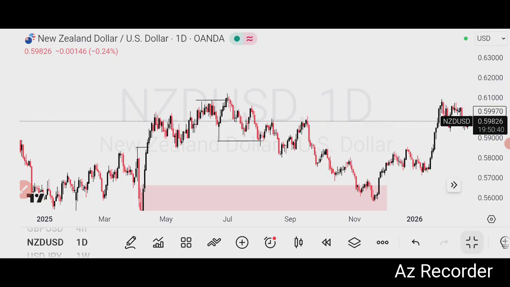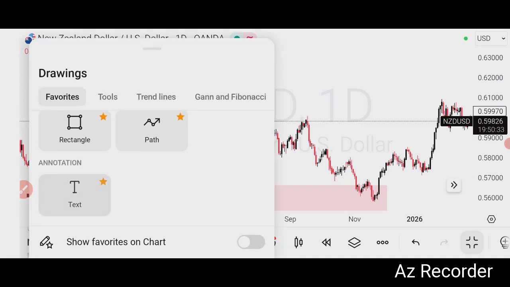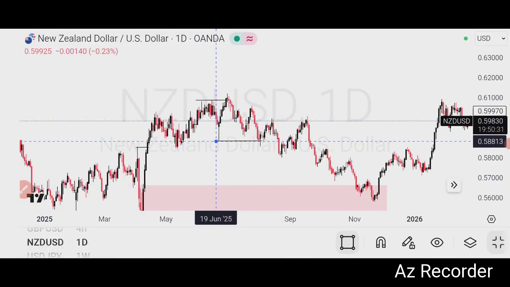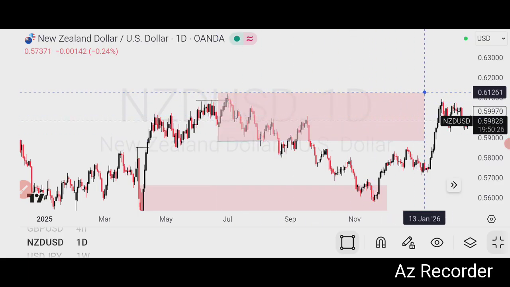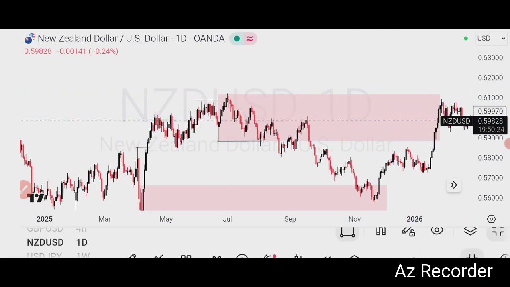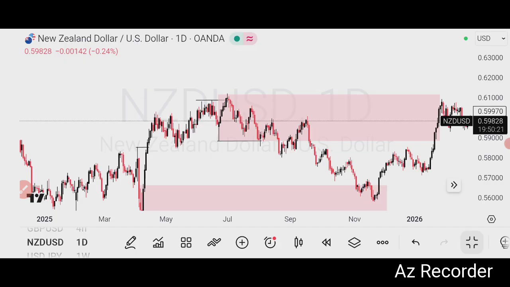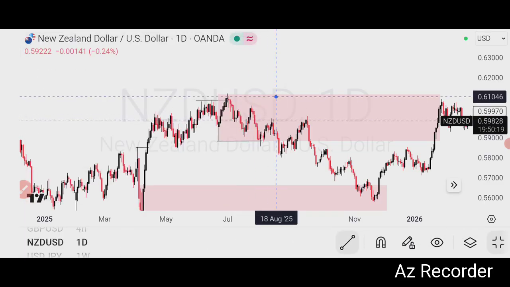Now, where is liquidity resting? So the simple way I normally do it is, if I mark out this whole point as my liquidity block, meaning I'm expecting price to come inside of this box, then to know where my structural liquidity is on this chart, it is the last high.